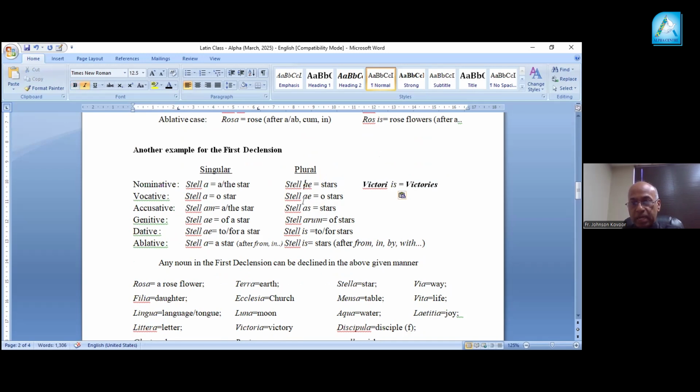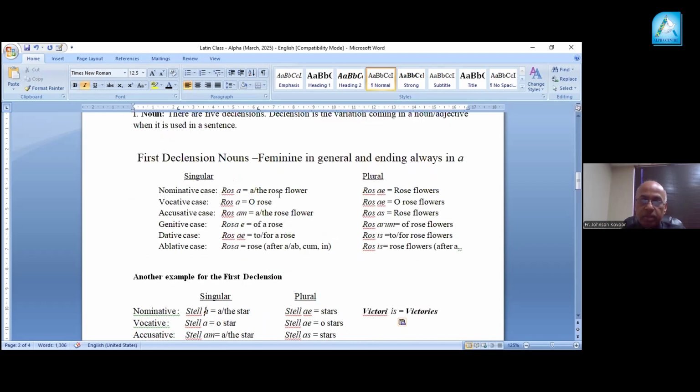But for Stella, we have only stellis. Why? The stem is Stell-, the stem to which we added IS. Here, Victoria for victory, and up to here it is the stem. With that, we are adding IS, Victoriis. So that is why I showed this Rosa with the A separated from the stem.